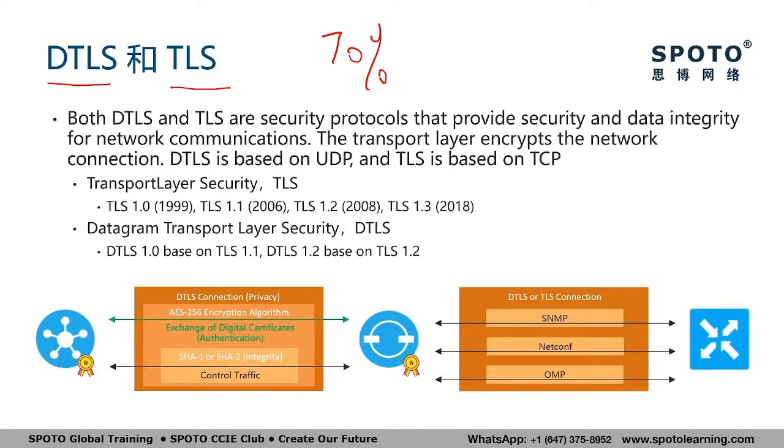As you can see, DTLS 1.0 is based on TLS 1.1, and DTLS 1.2 is based on TLS 1.2. The essential difference is that DTLS is based on UDP and TLS is based on TCP. So this is the essential difference. More than 70%, they are the same.